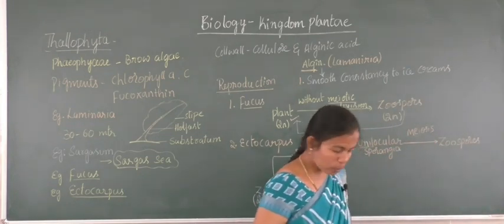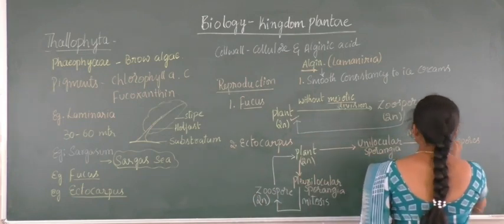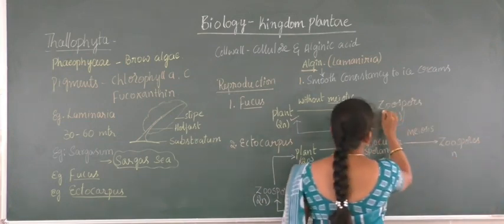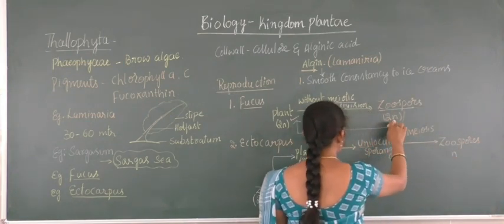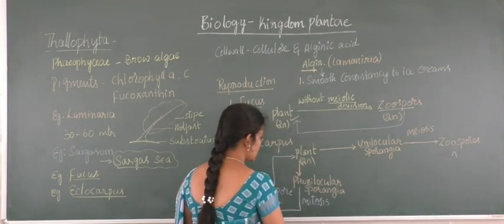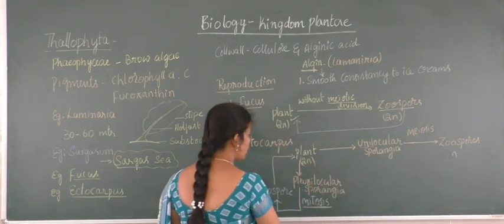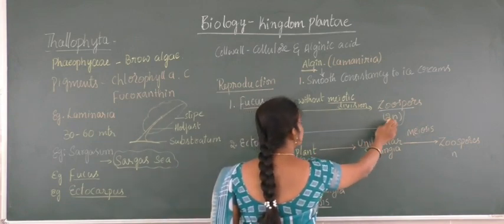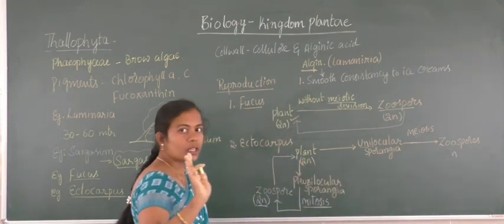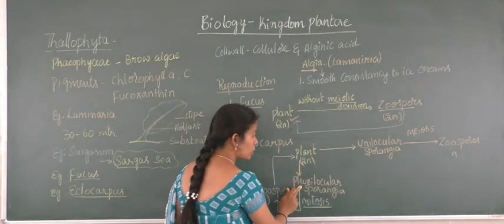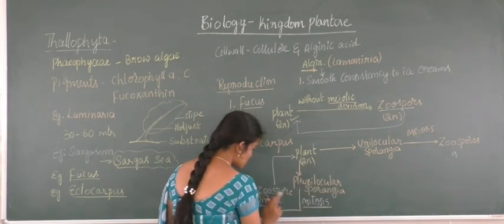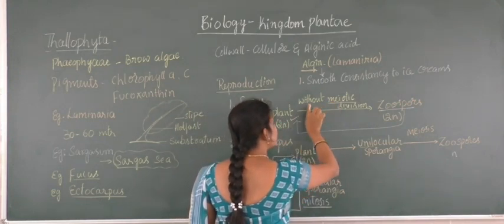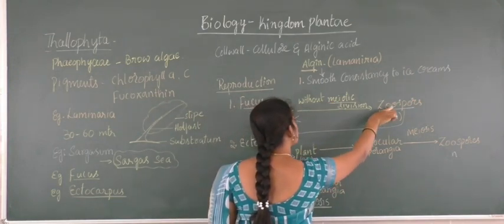Plurilocular sporangia with mitosis become 2n condition zoospores, and in the same way without meiotic division 2n condition zoospores.